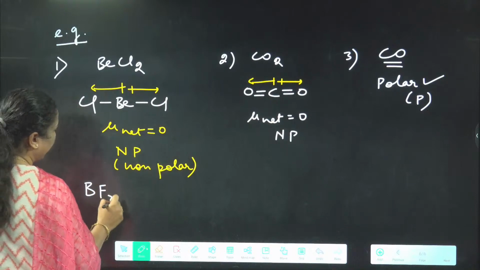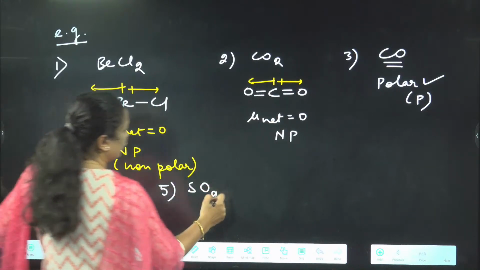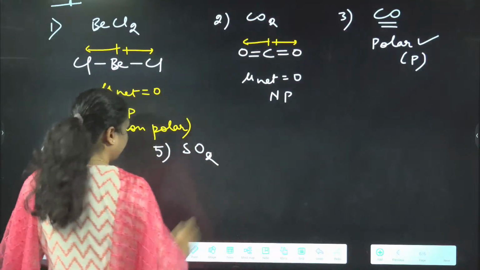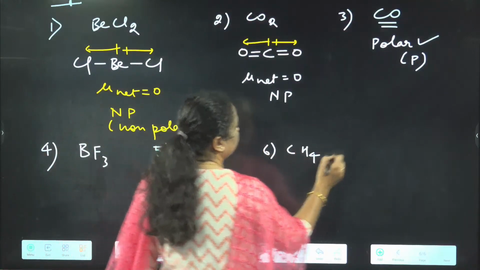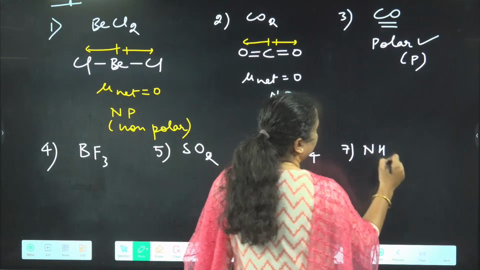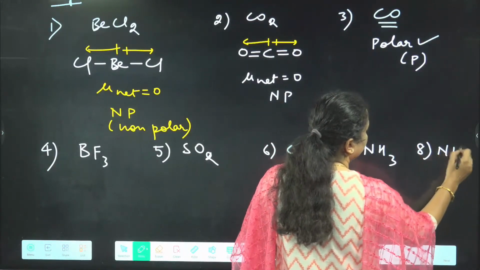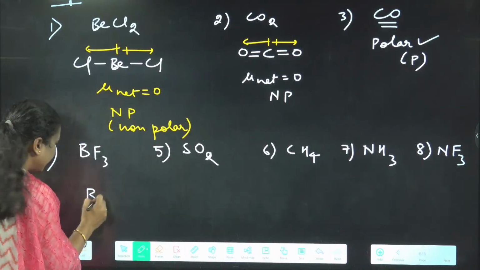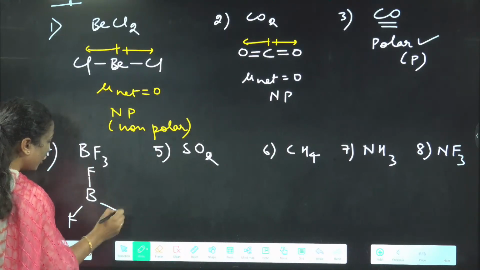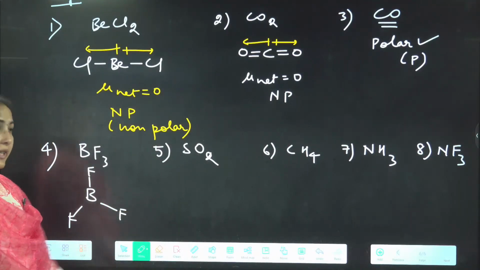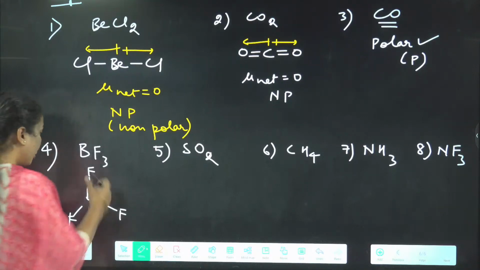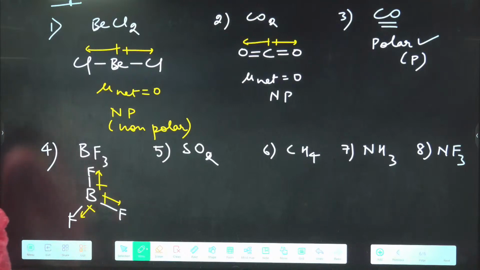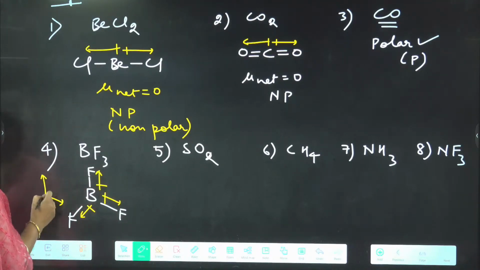Let us see another example. Suppose I write BF3, SO2, CH4, NH3, NF3. So here just recall, you have three things to arrange. All of them are atoms, that too the same atoms. Regular geometry is there. So do we know that the dipole moments will all be at 120 degrees with respect to each other and they are going to cancel out each other?